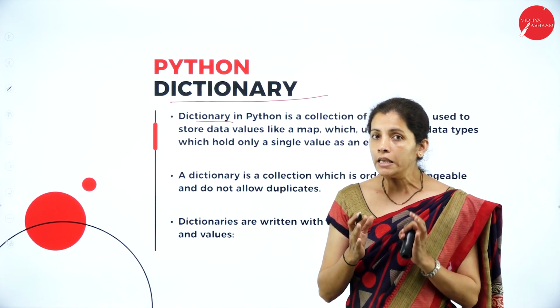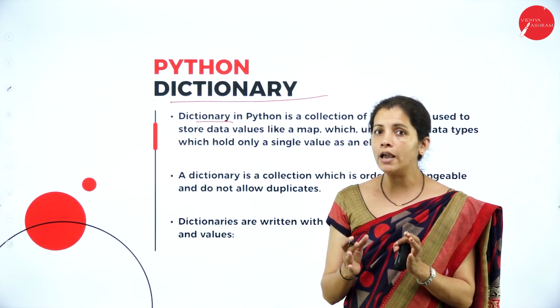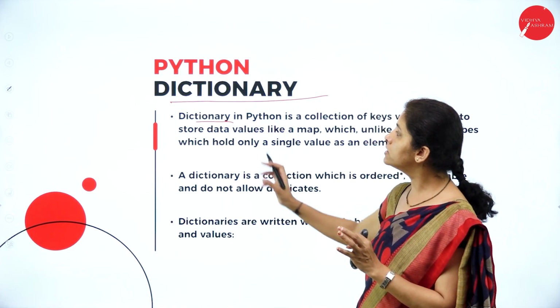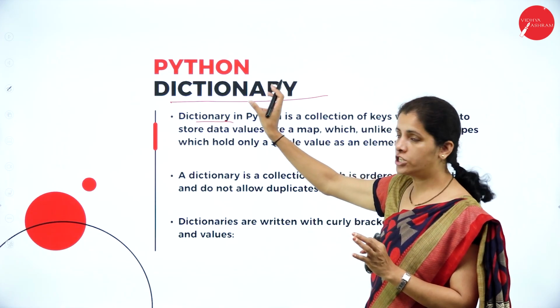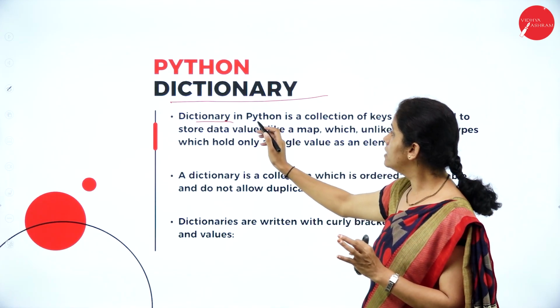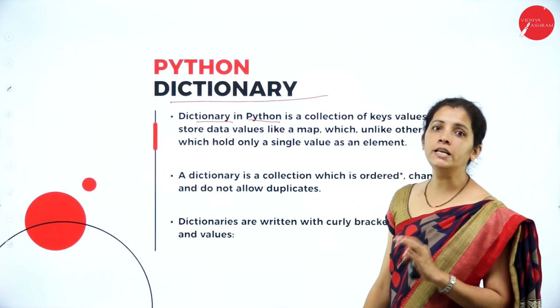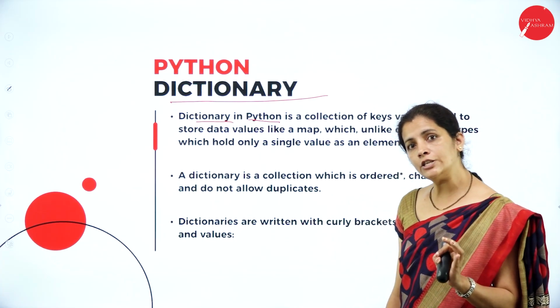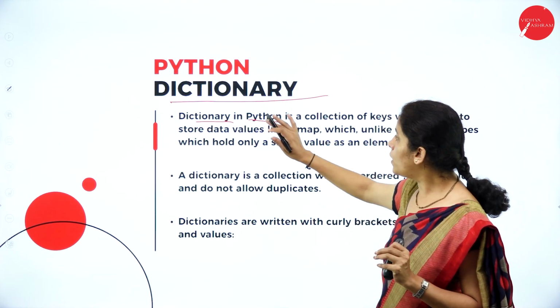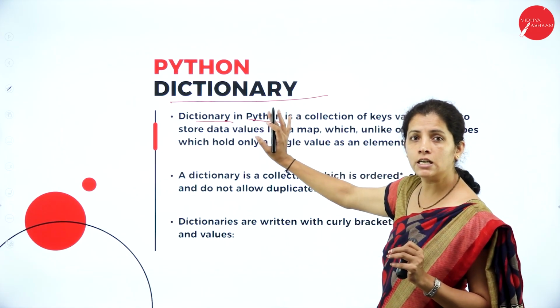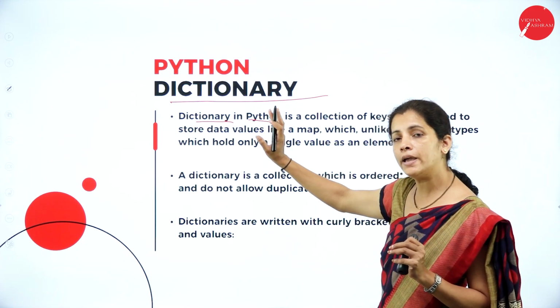In our real life, in our regular life, we encounter the word dictionary. So, what is this dictionary? Here in Python, a dictionary is nothing but a collection of key-value pairs.